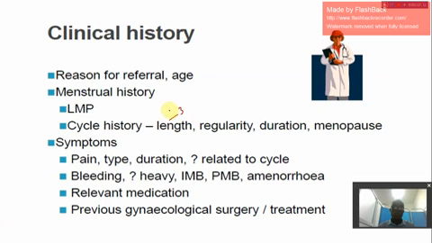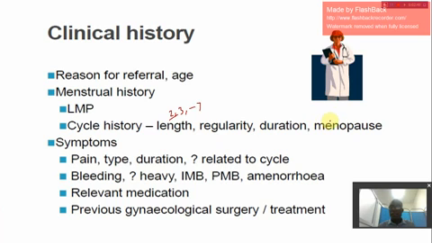Is it 2 days, 3 days, or up to 7 days? That's 1 week. The regularity. Does it come every month? And does it last long, for 1 hour, 2 hours before it stops?